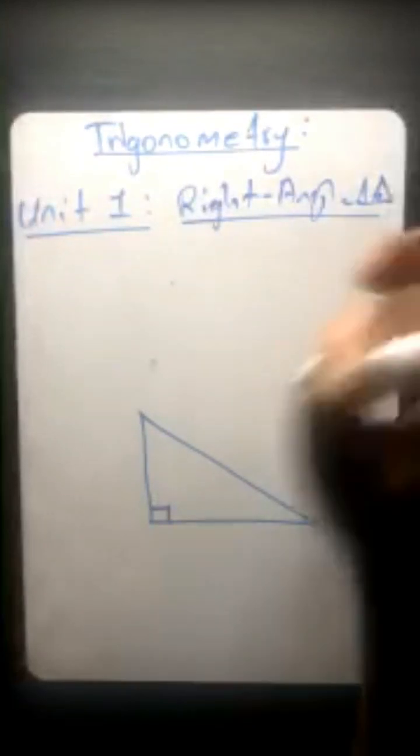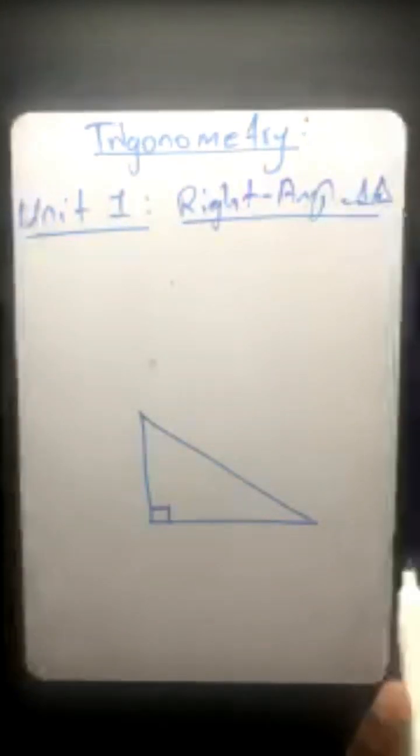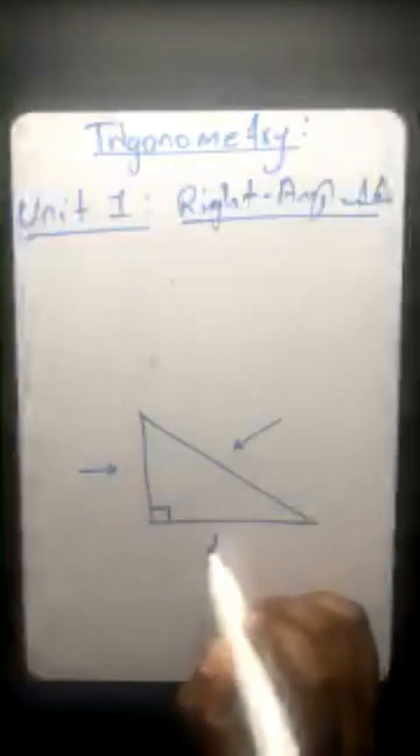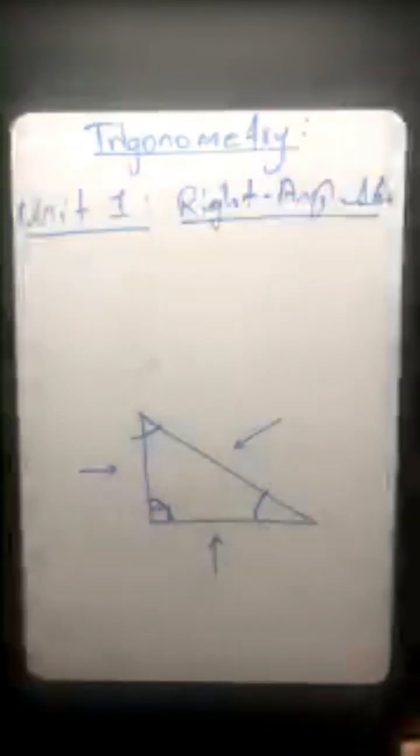Remember, under trigonometry, we are only focusing on three sides and three angles. It's just a game of three things. The sides are called the hypotenuse, the opposite, and the adjacent.